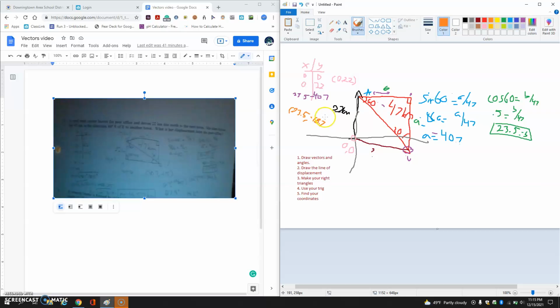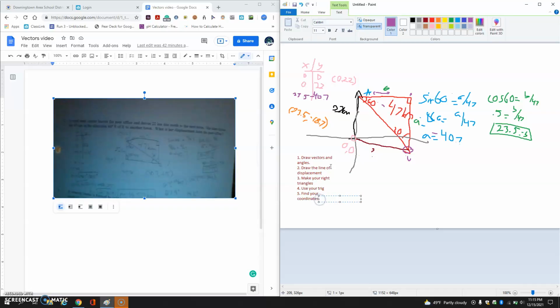So that is our point. That is the purple point right here. So this is our point, right? We've got it.